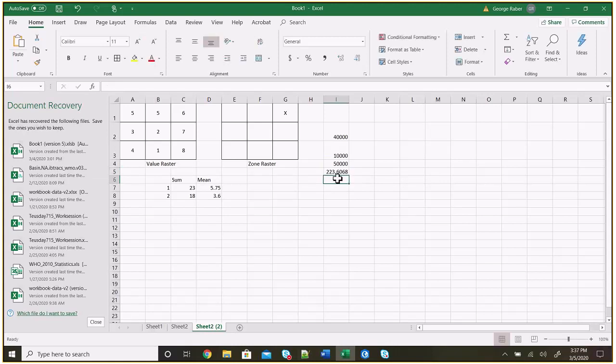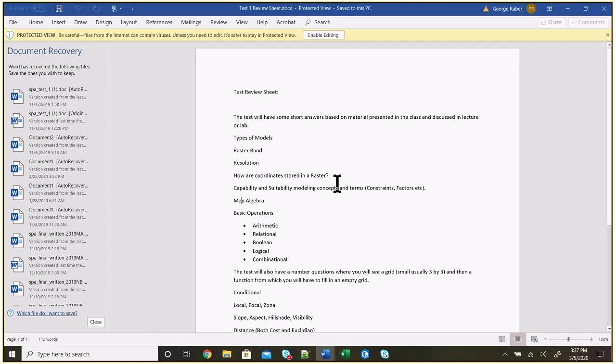So that's the distance from there to there. Okay. All right. And the slides for that lecture did have an example on that.